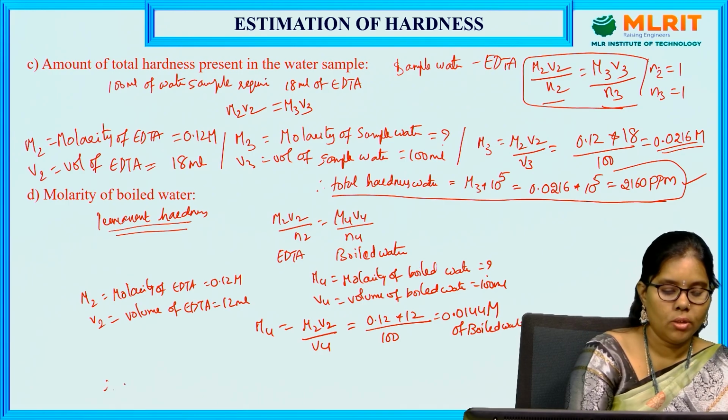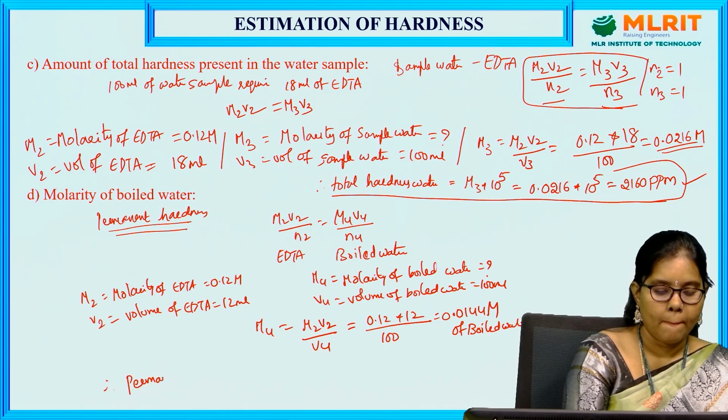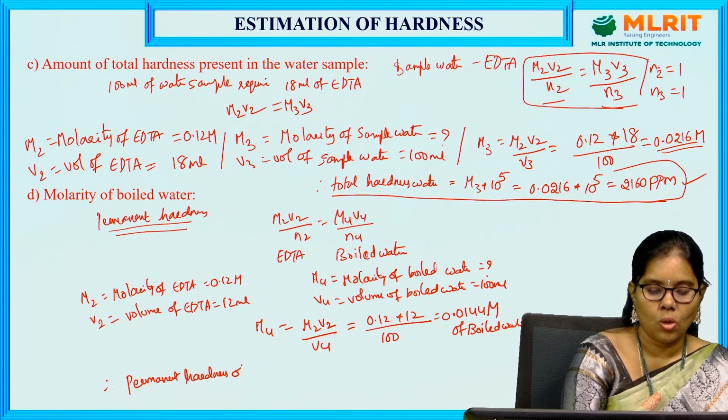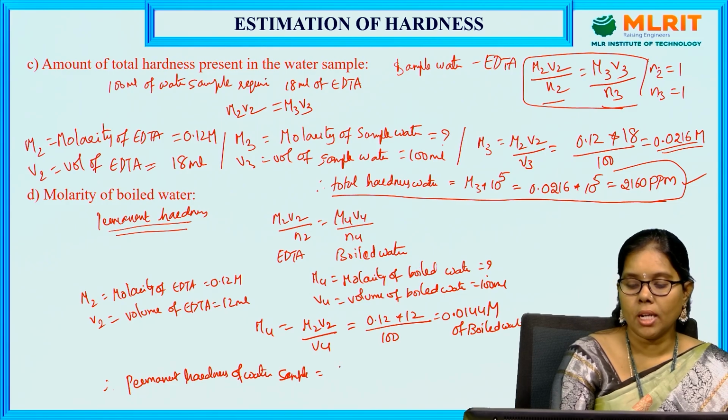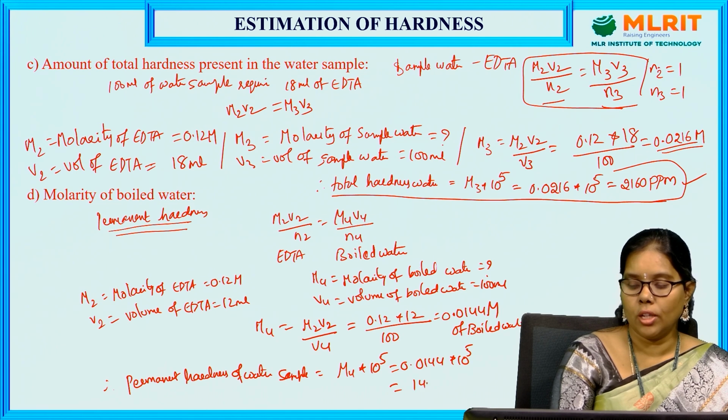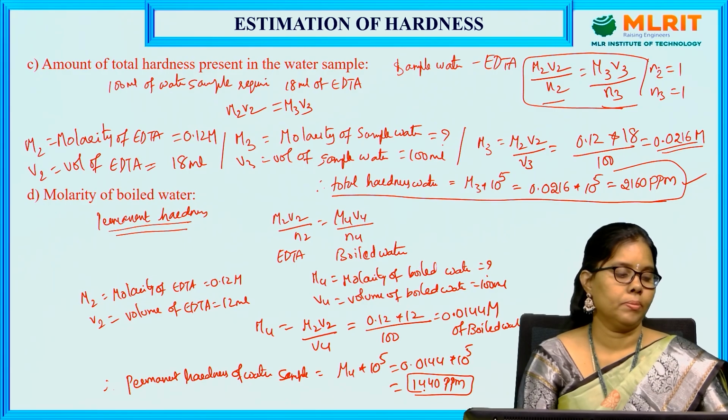So therefore, the permanent hardness of the water sample, after boiling when temporary hardness is removed, is M4 into 10 to the power of 5, which is 0.0144 into 10 to the power of 5, which gives 1440 ppm. This is the permanent hardness you got.